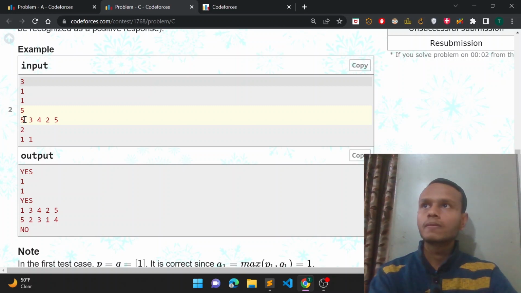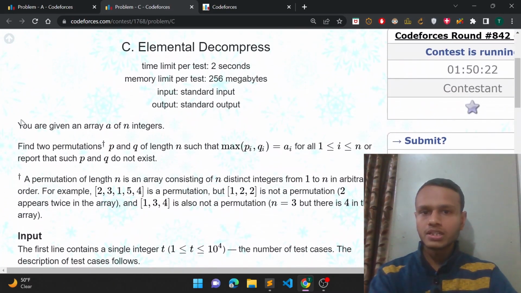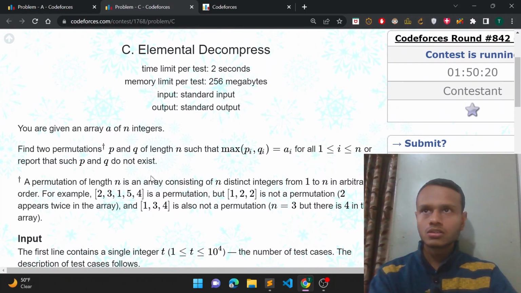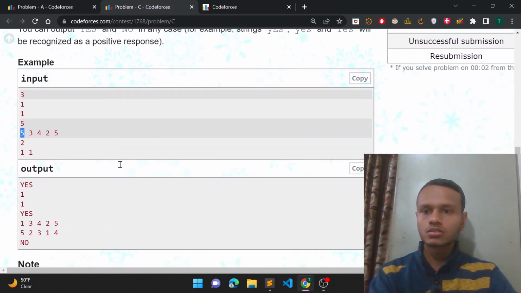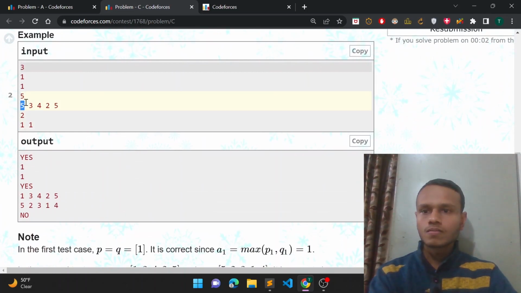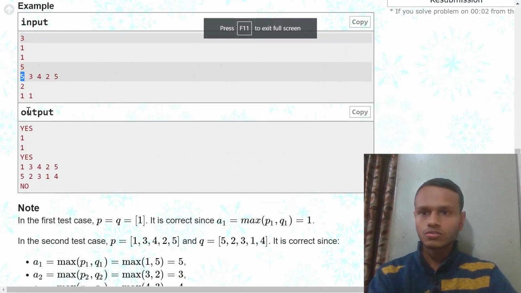No, it's the maximum of pi comma qi, not the prefix of those elements. Okay, so the first element, let's go in for this.